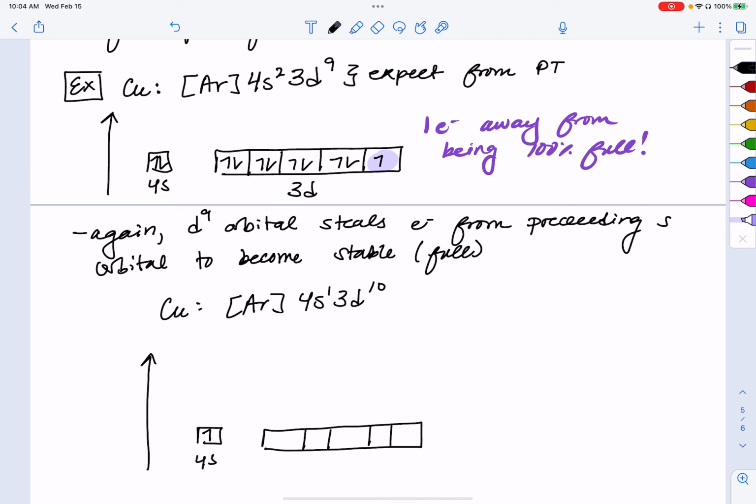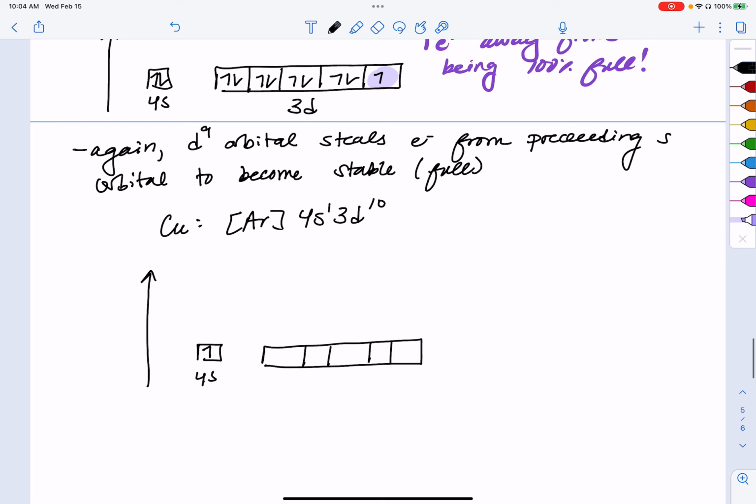We would see 4s1, which is half full, and 3d 1, 2, 3, 4, 5, 6, 7, 8, 9, 10. There we go. So here we have 4s, which is half full.